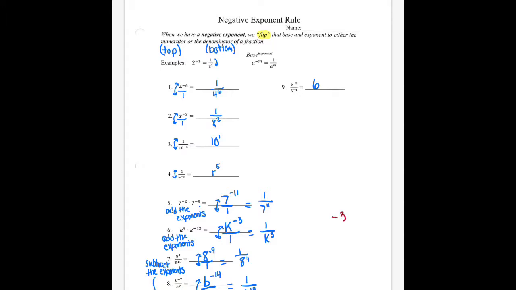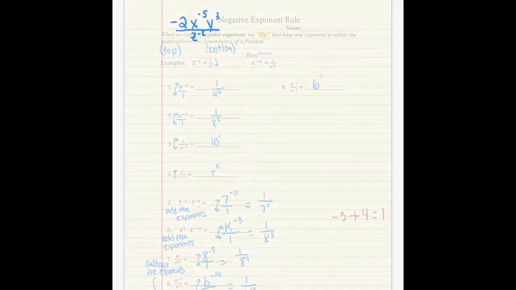Before in math we did -3 minus -4, and two negatives make a big positive. So this is really -3 plus 4, which gets you a positive 1. So this is really 6 to the positive first power. Since we end up with a positive exponent, we actually don't even have to do anything with this. So this answer ended up being positive instead of negative, and we didn't have to flip anything.